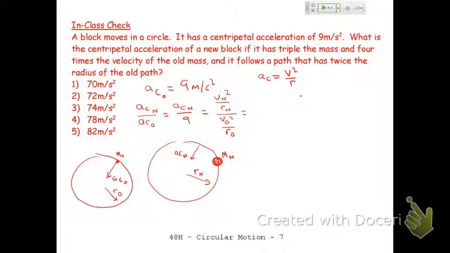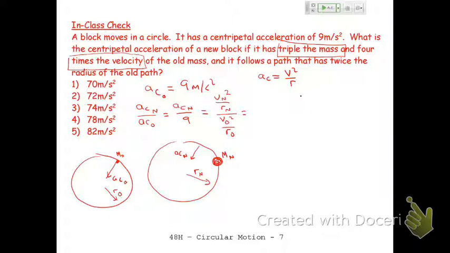Which equals, now here's the thing. Just look at these ratios. It has triple the mass. Is mass anywhere in my equation? So ignore it. It doesn't matter. 4 times the velocity. Is velocity in my equation?